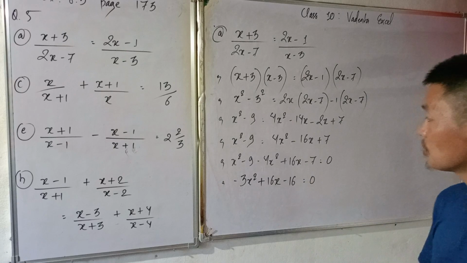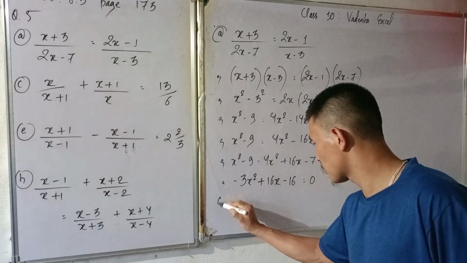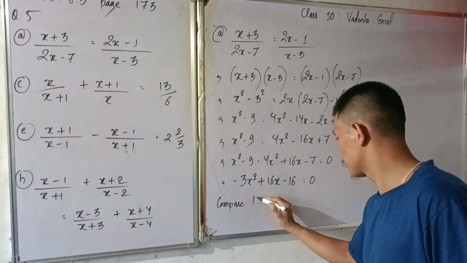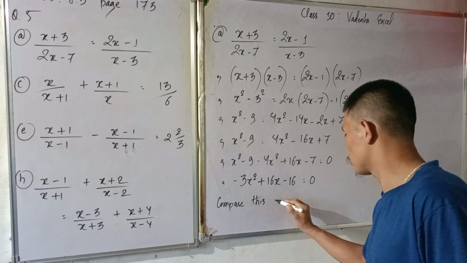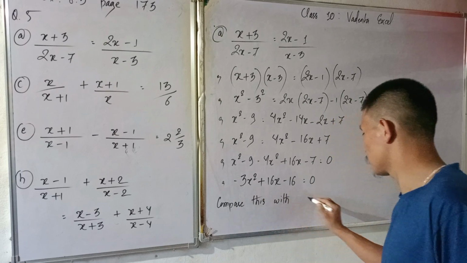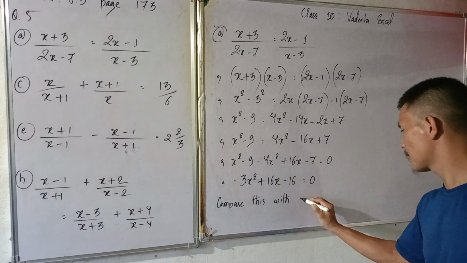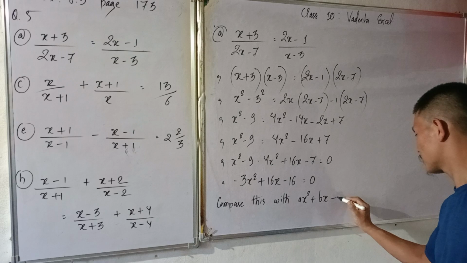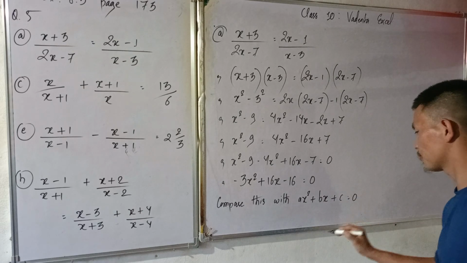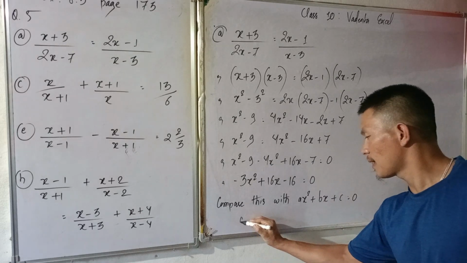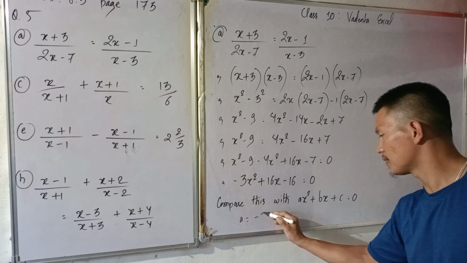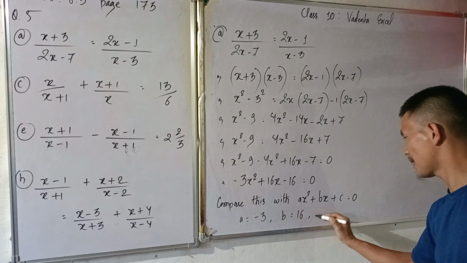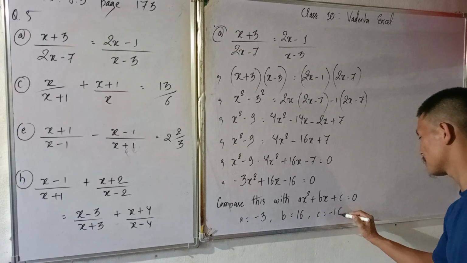Now compare this with, just like the previous one, ax square plus bx plus c equals 0. We get a equals minus 3, b equals 16, and c equals minus 16.